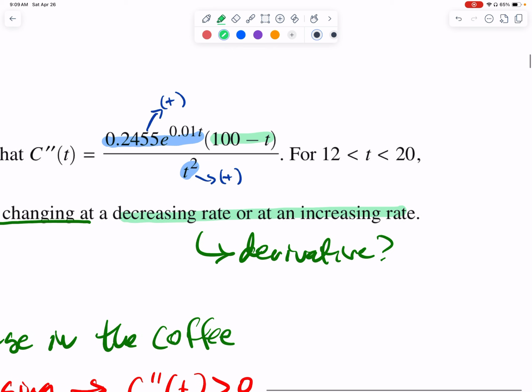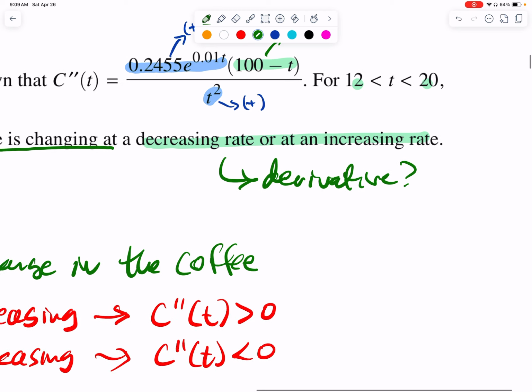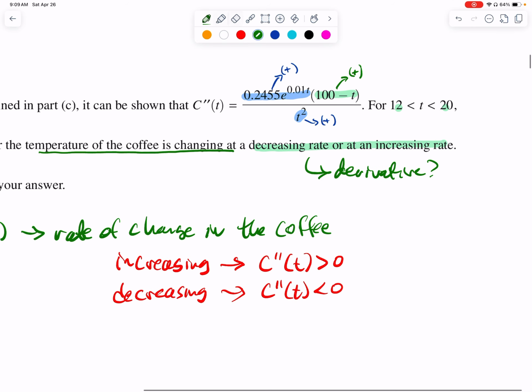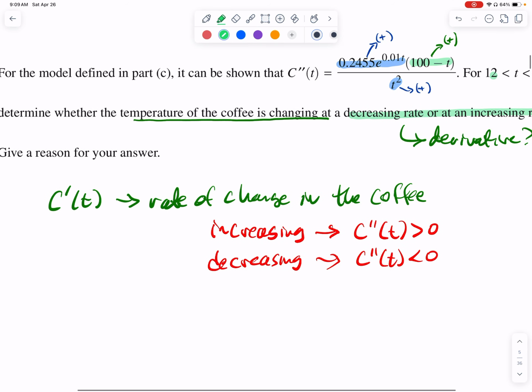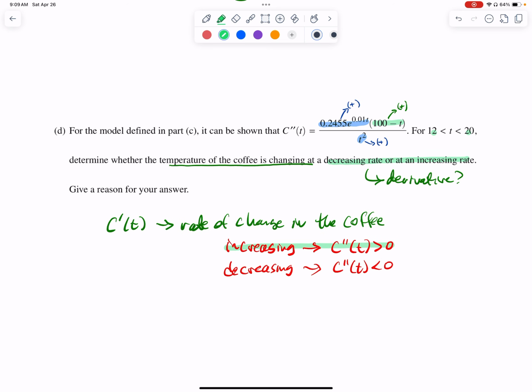Now remember that they gave us this interval from 12 to 20. So the biggest number that we could possibly put in here is something a little bit less than 20. We're subtracting that away from 100, which means that that is also positive. Looks like everything is positive. Since everything is positive, this means that the rate of change in the coffee must be increasing, or changing, I should say, at an increasing rate.